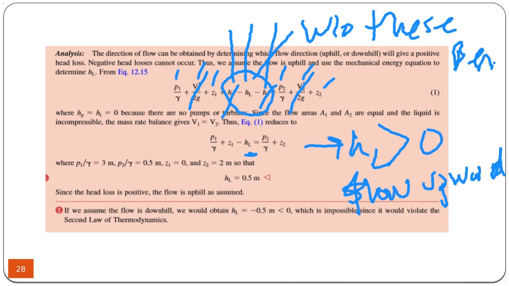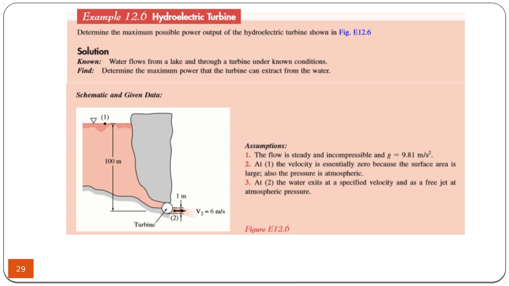Another example is regarding extracting power from the fluid power. This is a hydroelectric dam, let's say. There is an elevation of 100 meters of water. At the bottom of the dam, there is a turbine.